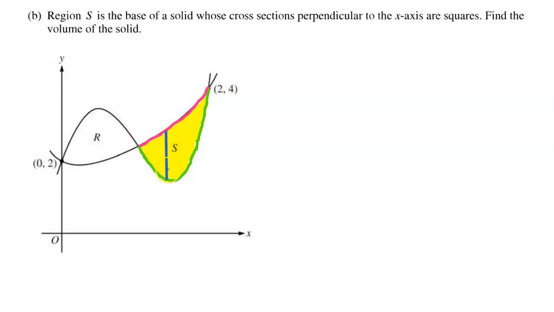Imagine that this blue segment represents one slice of the solid. We can calculate the volume of this solid by adding or integrating slices like this one. It's a three-step process. Step 1 is to write an expression for the length of the base of a single slice. So if this is a slice, now just imagine that this segment represents the length of the base of a single slice.